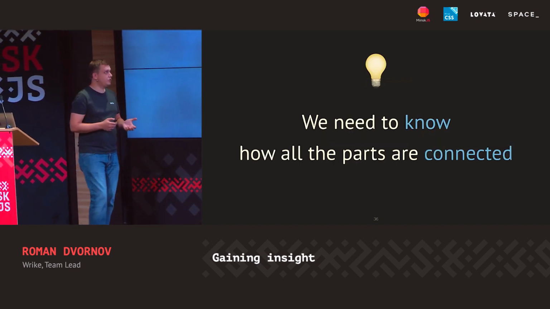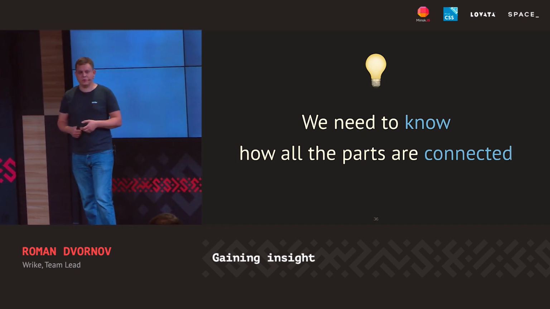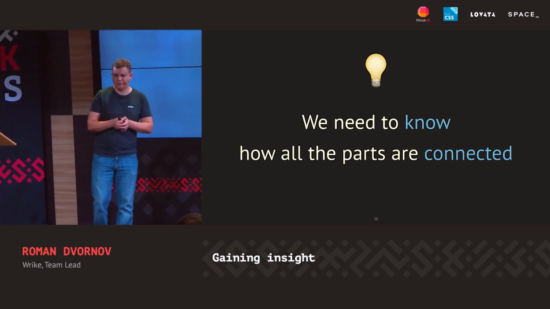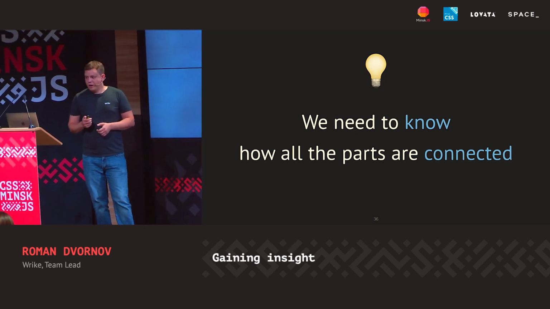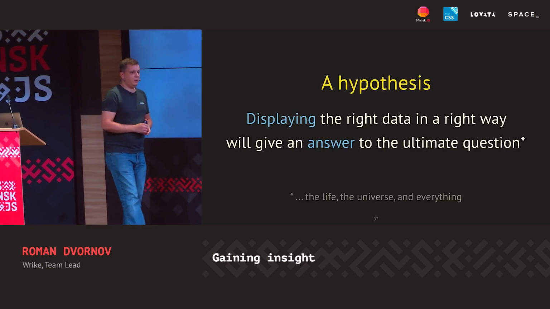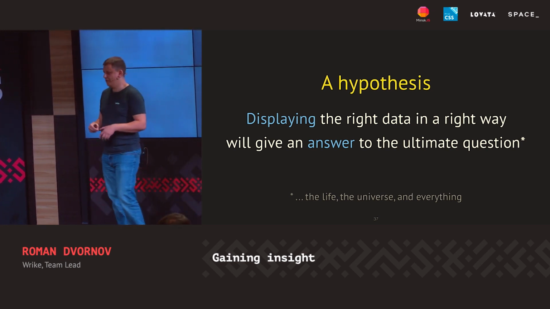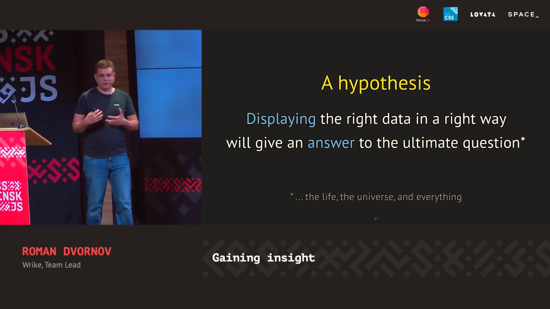So the solution here, I saw, we need to know how all the parts of our monoliths are connected. So we get a clue how we can split it into parts. And my hypothesis here was to display the right data in the right way, and this approach will give us an answer to all our questions.